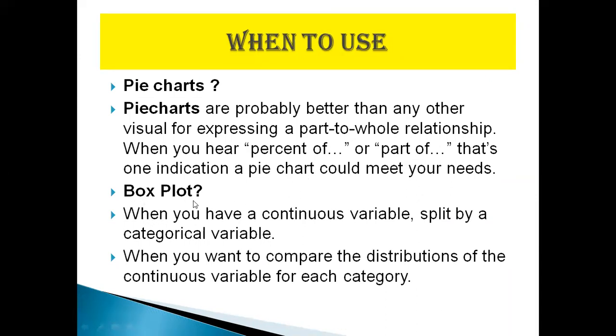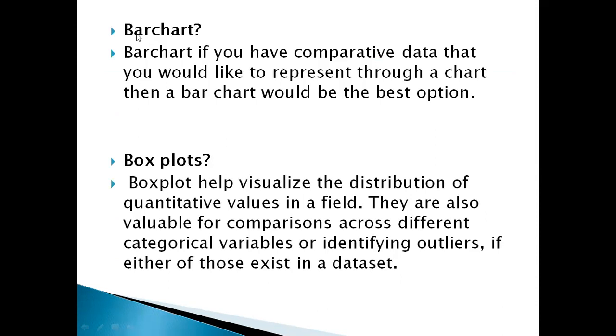Then we use the box plot when we have a continuous variable split by a categorical variable, and if you want to compare the distributions of a continuous variable for each category. And when do we use the bar chart? If we have comparative data that we would like to represent through a chart, a bar chart will be the best one.